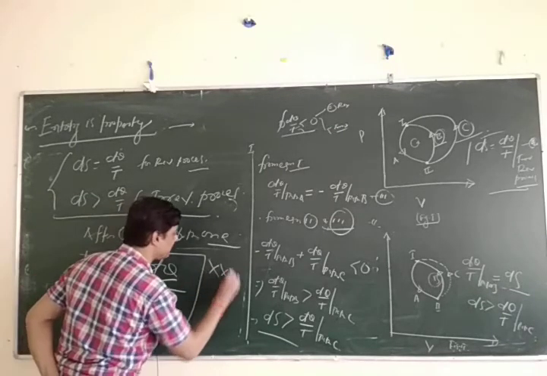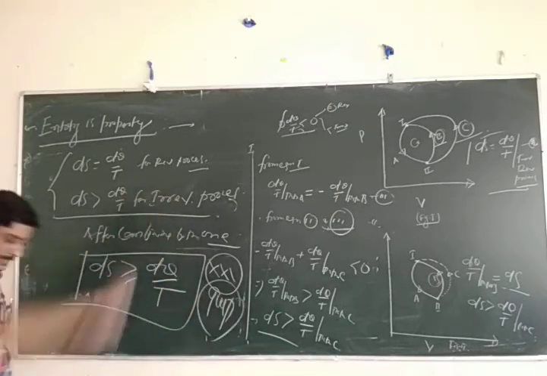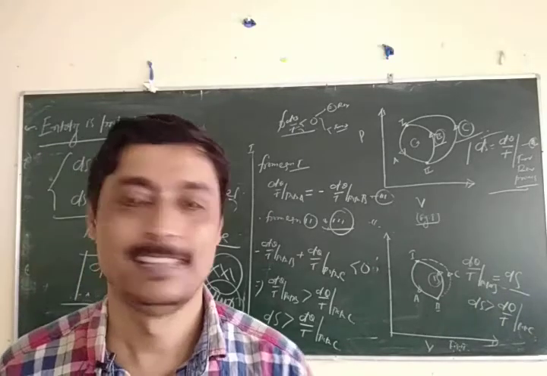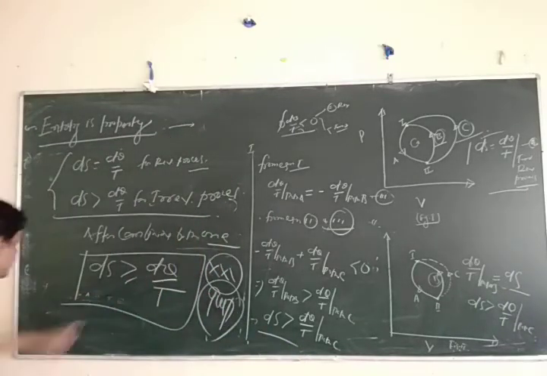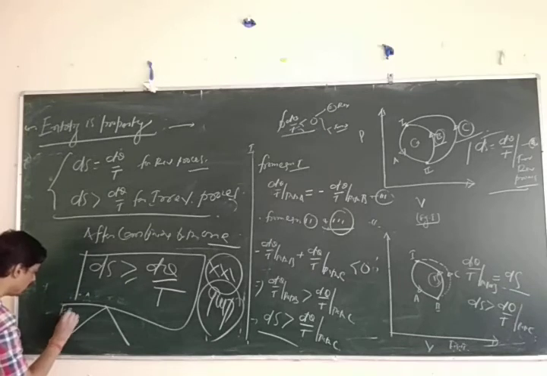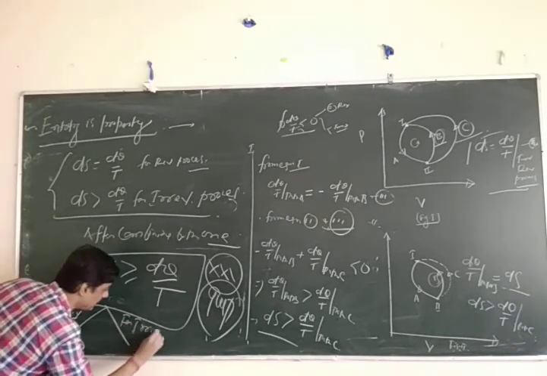This is a very important relationship: ds is greater than or equal to dq by T. It consists of two conditions, for a reversible process and for an irreversible process.